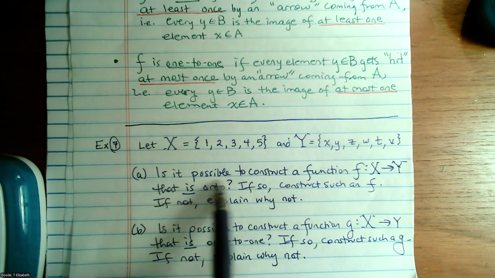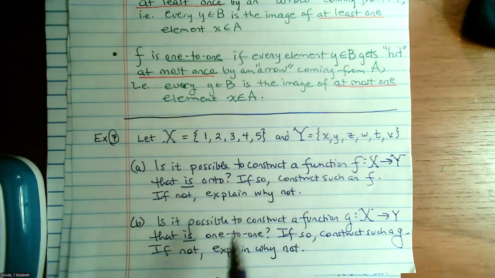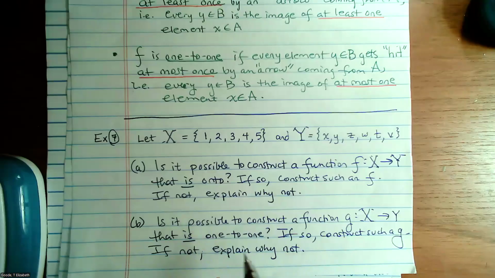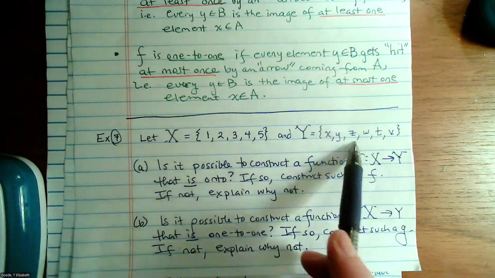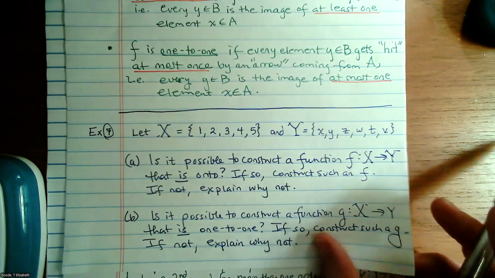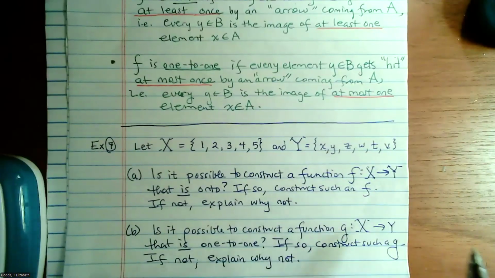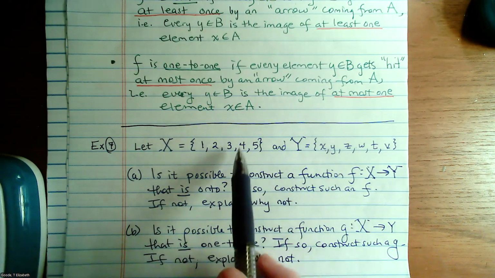So is it possible to construct a function from X to Y that is onto? Let's just look at that. Is that possible? I'm sorry, Edwin, you said something, but I didn't hear it. Oh, no, it isn't onto. Or it can't be.